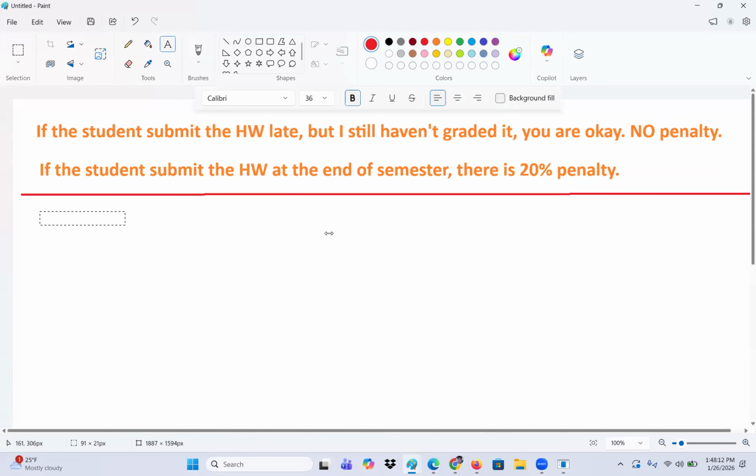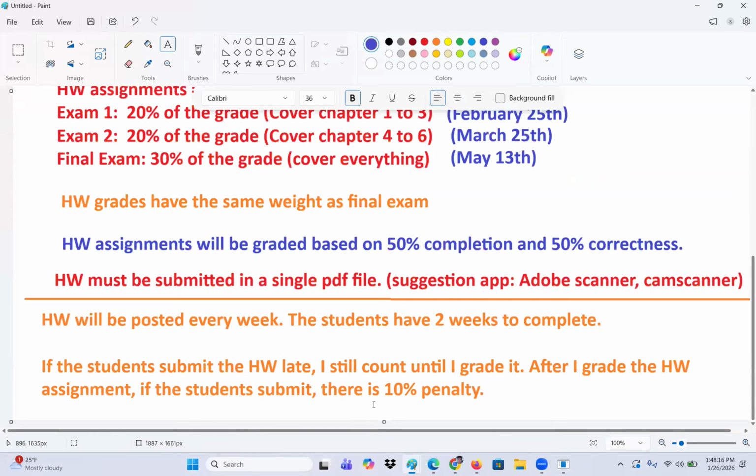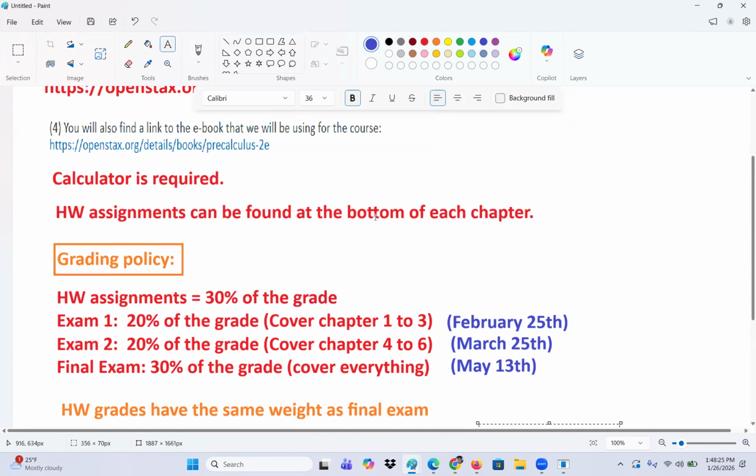The homework, like I said, will be selected from the text that I just showed you. You can find the homework at the bottom of the page of each chapter, and they do have the odd number solutions. So you can always try some odd numbers first, compare solutions, and then you get it right.